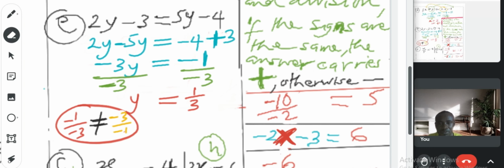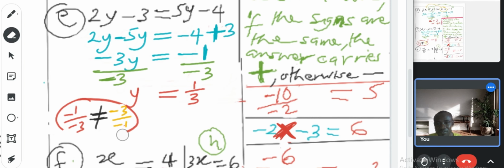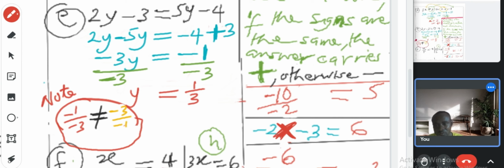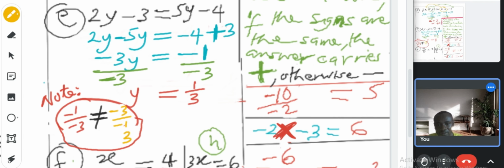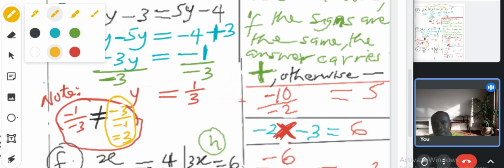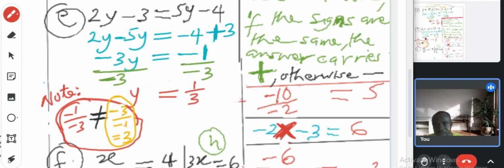No, the one in red will give you exactly what is written, the answer we just got, which is 1 over 3. And they are not the same.